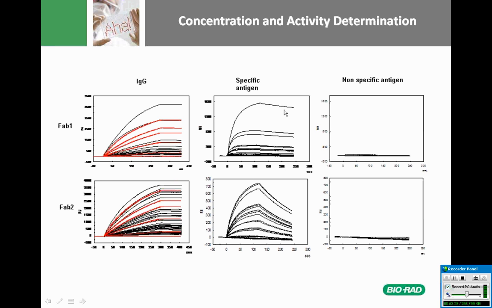In the middle panel, you can see the interaction with the specific antigen, and on the right, you can see the non-specific antigen that does not interact with those immunoglobulins, meaning that nothing has changed during the fusion of the Fab to the Fc portion. And the same goes for Fab2.